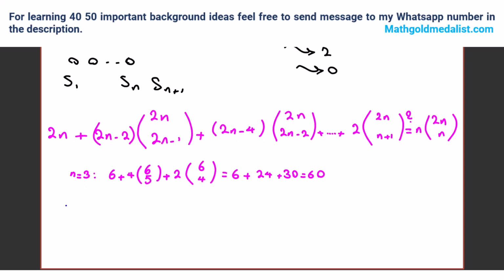So let's write also the first one as sigma. And we can write the first one as 2n times what choose what? So how can we write it as sigma? 2n minus 2k times what? 2n choose.